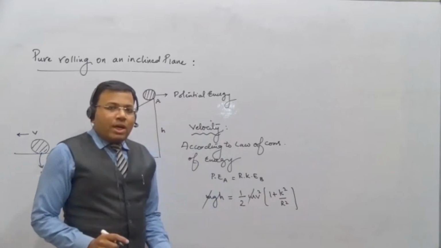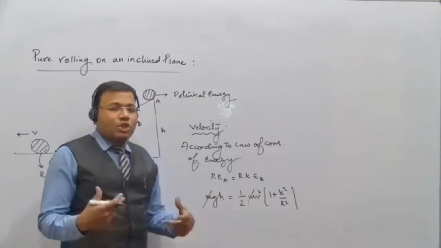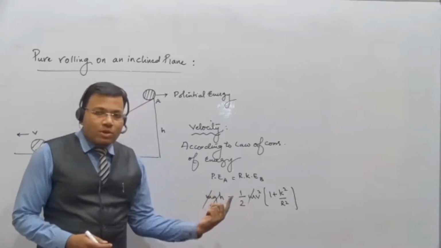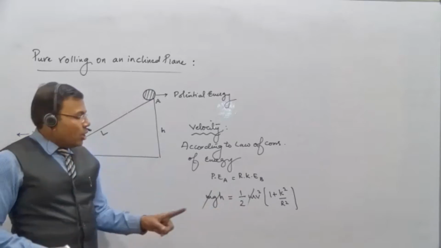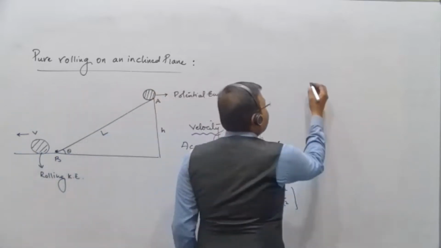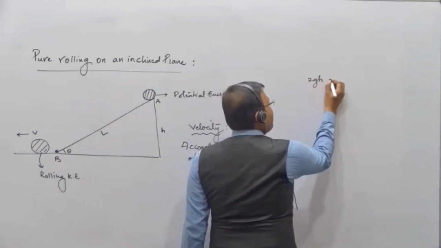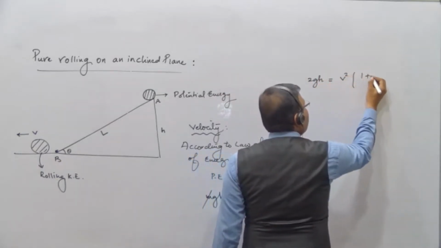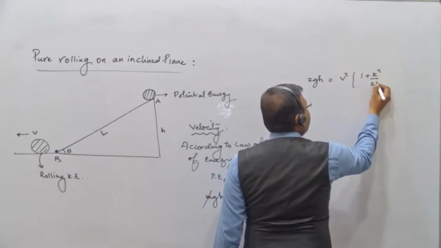Clearly you can see that the velocity expression, whatever we are going to get, is independent of the mass of the object because the mass term is getting cancelled here. So I just cross multiply: 2gh is equal to v square into (1 plus k square by r square).